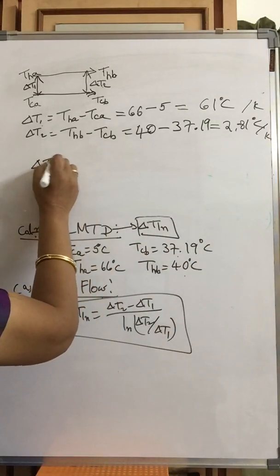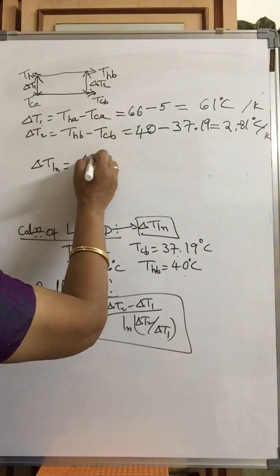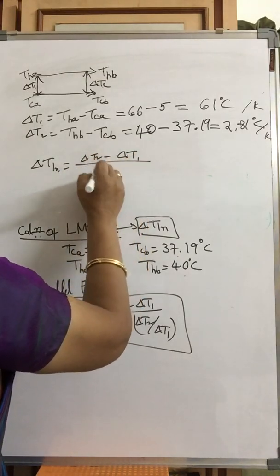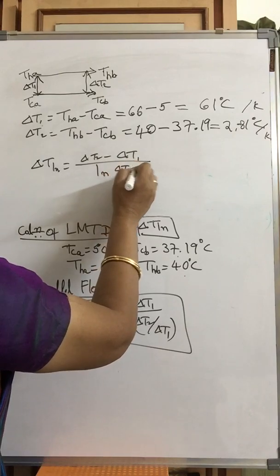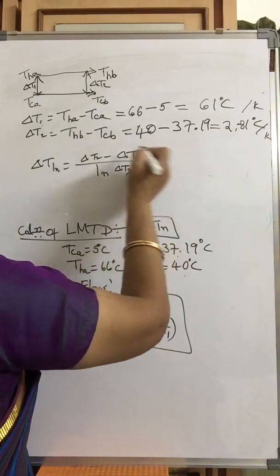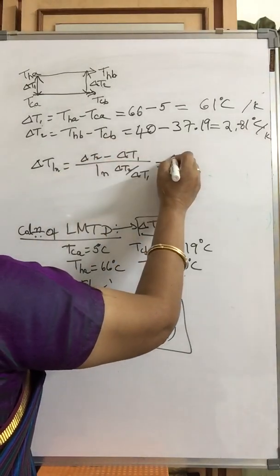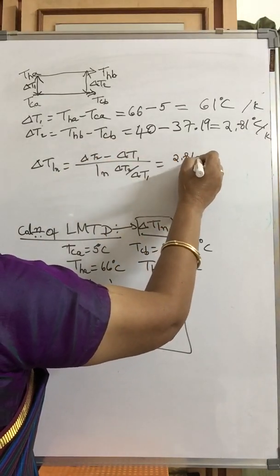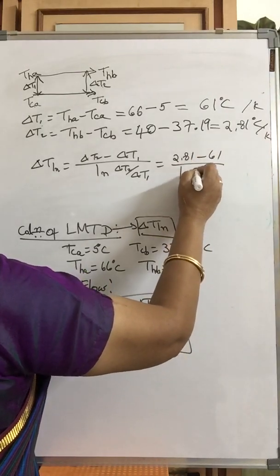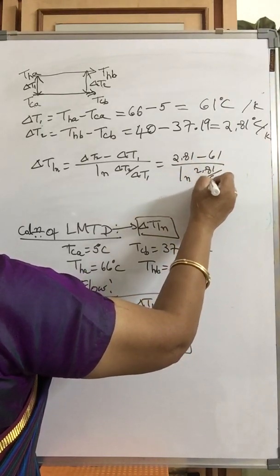So delta T ln equals delta T2 minus delta T1 divided by ln of delta T2 by delta T1, that is 2.81 minus 61 by ln 2.81 by 61.